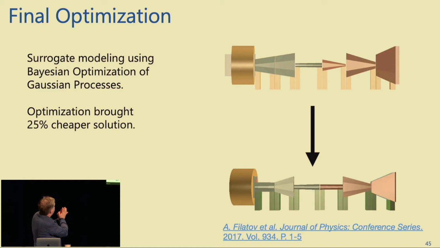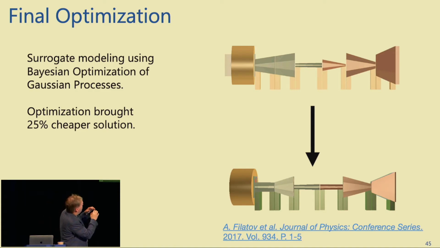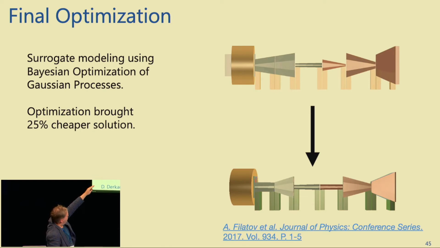Based on this, we used Bayesian optimization with Gaussian processes that created a surrogate model, and we optimized the detector from the expert solution to the one suggested by our optimization, and this brought a 25% cheaper solution.